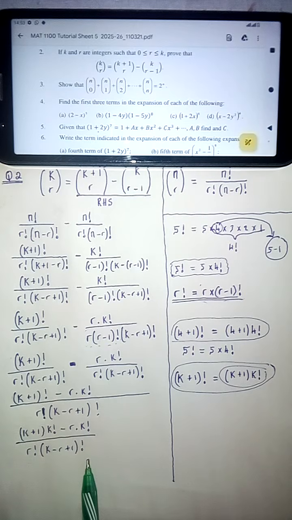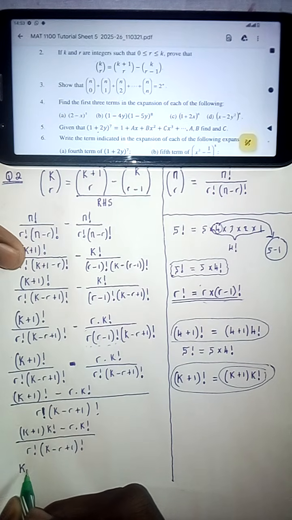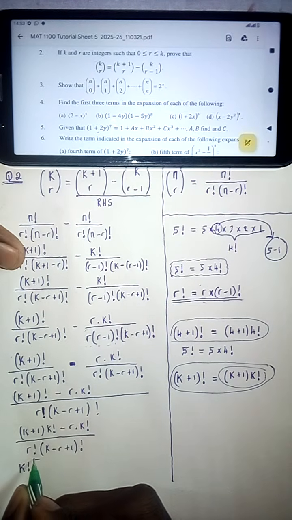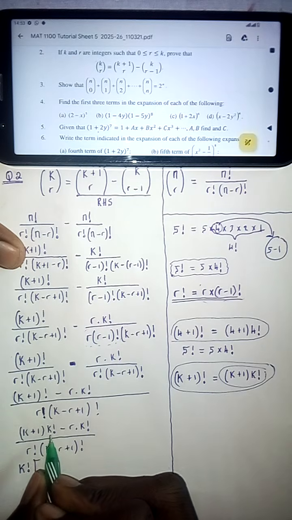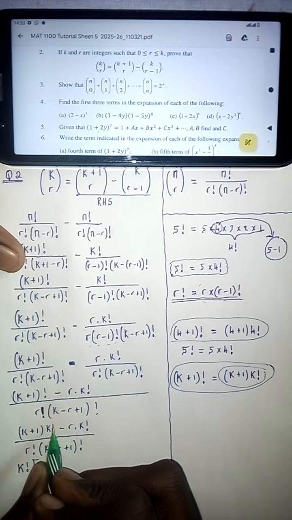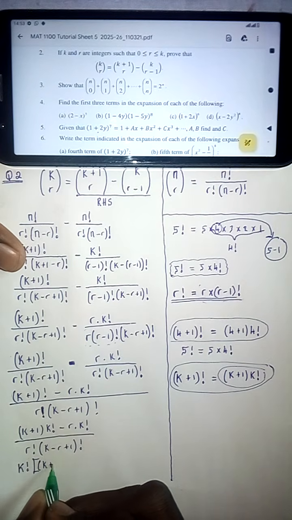What is common actually? For this part and this part, what is common is simply k factorial. K factorial is common. Then what are we going to remain with when we remove it? When we remove k factorial, we're going to remain with k plus 1.